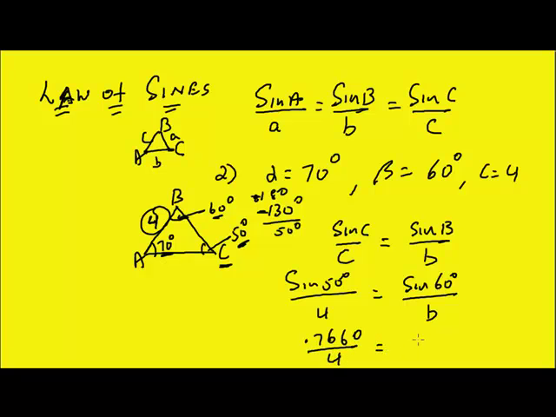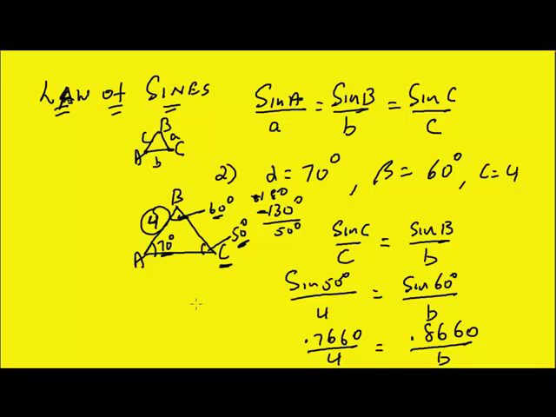That's equal to sine of 60 degrees, which is root 3 over 2. Let's convert that into a decimal: sine of 60 degrees is 0.8660, and that is over B.